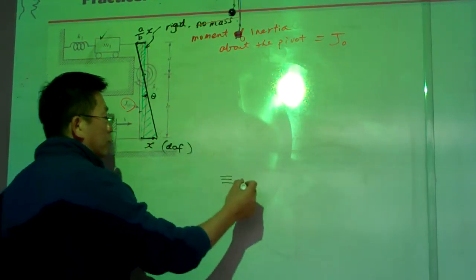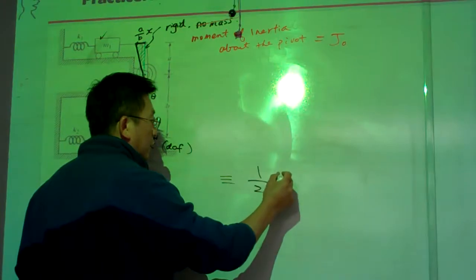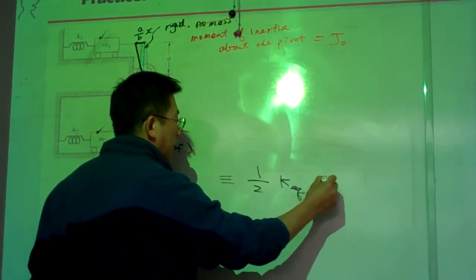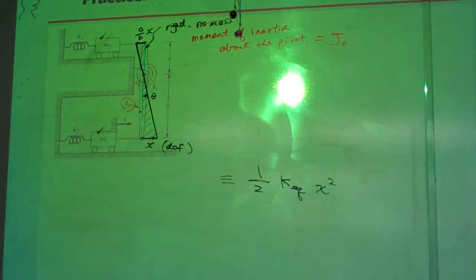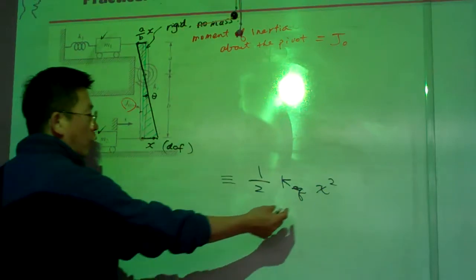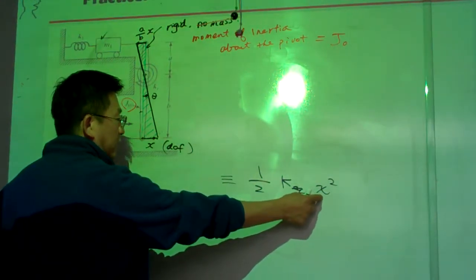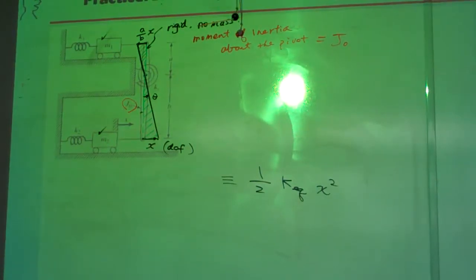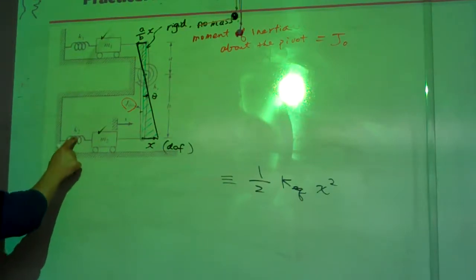From the equivalent description, that is K times x squared. That is the strain energy from the equivalent system. Again, we describe in terms of the designated degree of freedom. Now for this system, how many springs here? 3, right? 1, 2, and 3.